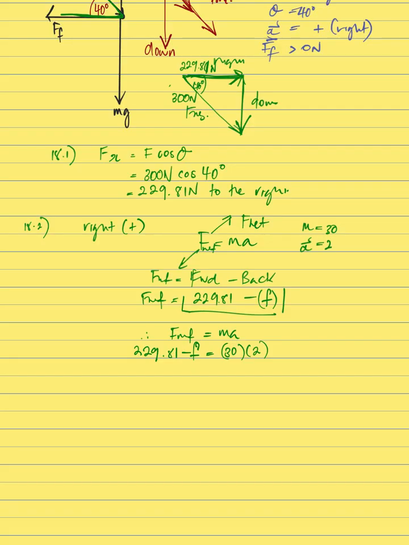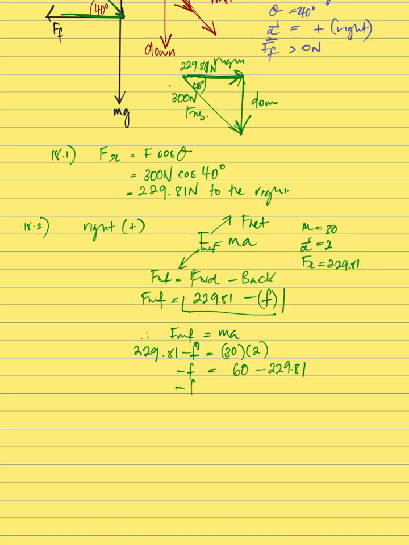We found out that Fx is equal to 229.81. Alright, so I'm going to move that over to the other side. And what I'm left with is a negative force of friction is equal to 30 times 2, which is 60, minus 229.81.